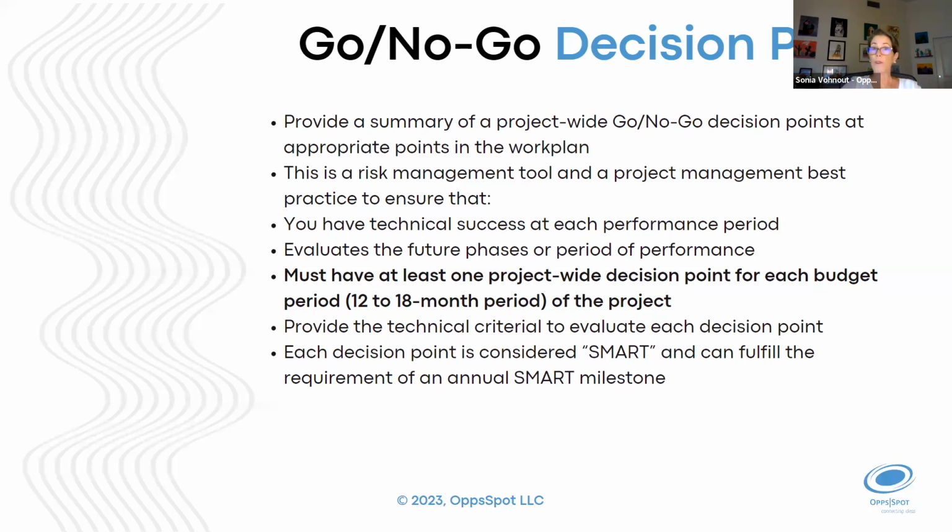And there's no sense for you to continue, and there's no sense for the DOE to continue paying you. So make sure that you tie in the milestones to those decision points. And one suggestion that's done in the FOA is to have at least one that's tied for each budget period. So a budget period could be 12 or 18 months. So basically, with 3 years, you could have 2 or 3 go, no go decision points.